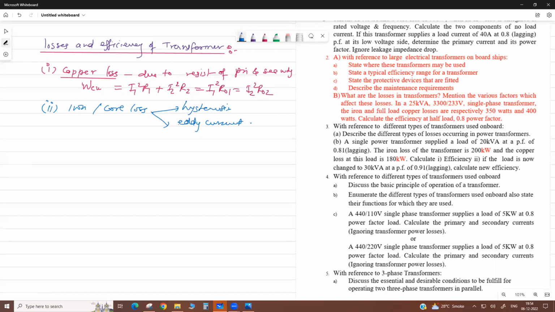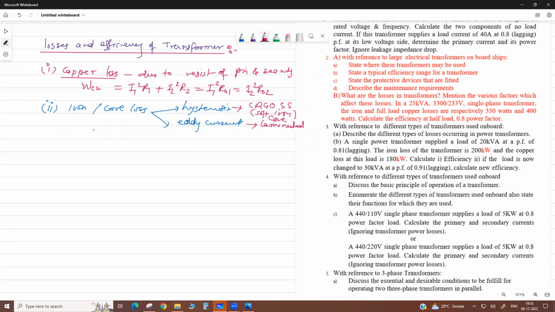Now to reduce this, we provide a laminated core. We use high grade material like CRGO, cold rolled grain oriented silicon steel, or soft iron core.